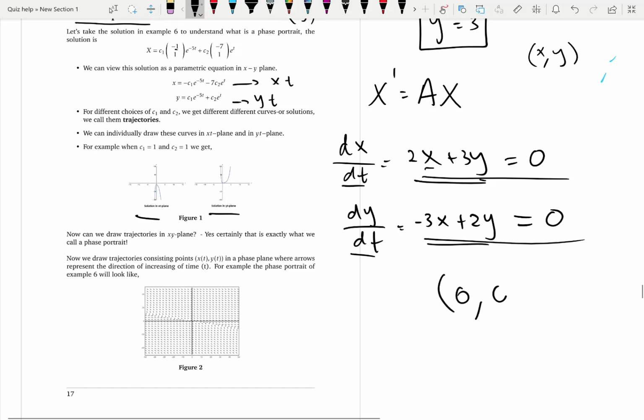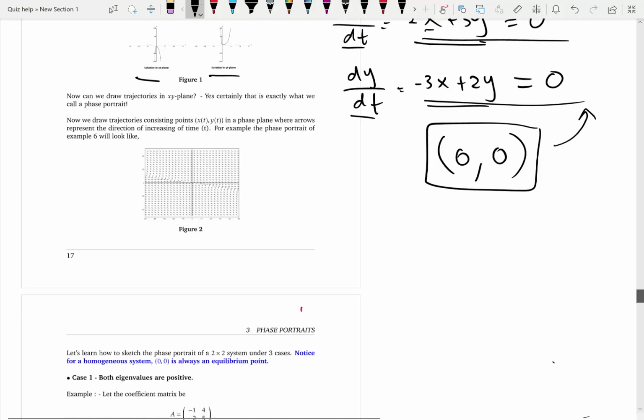When x is 0 and y is 0, it is guaranteed to be an equilibrium point of a homogeneous 2 by 2 system of differential equations, not just a random system. So (0, 0) is always an equilibrium point. You have to remember that throughout the lessons, as long as we are dealing with homogeneous systems.